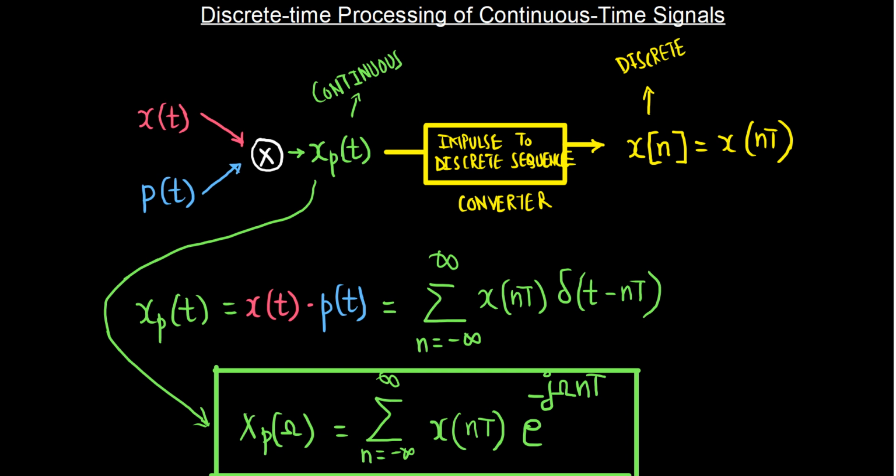Now this discrete signal can always be represented using discrete time Fourier transform. So let me write that.